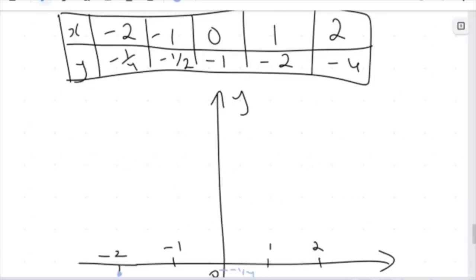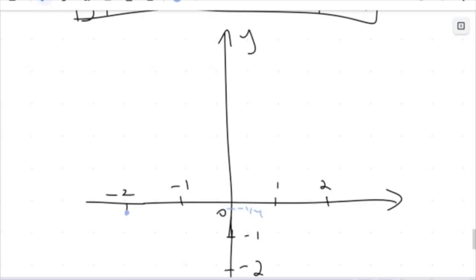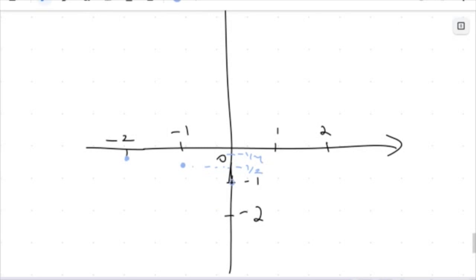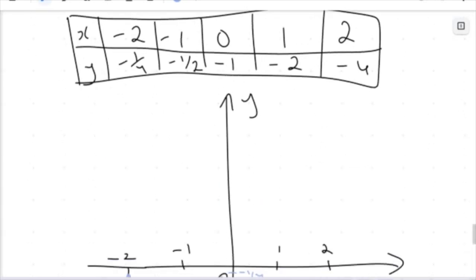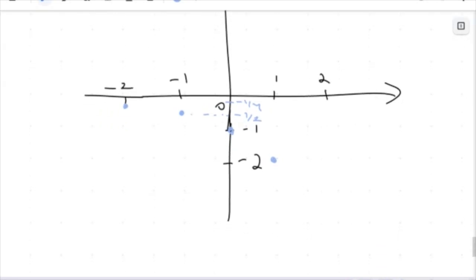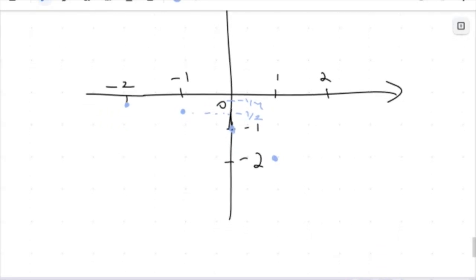Now when x is -1, y is -1/2, so that's going to be around there. See, that lines up to about -1/2, halfway between 0 and -1. And our next point, when x is 0, y equals -1. When x is 1, y equals -2. And when x is 2, y equals -4.